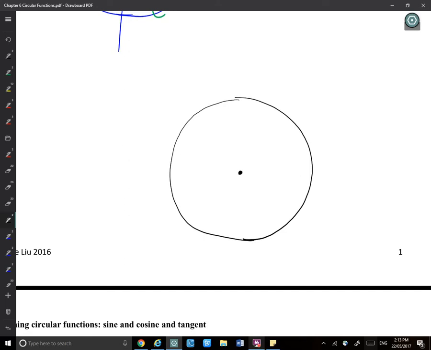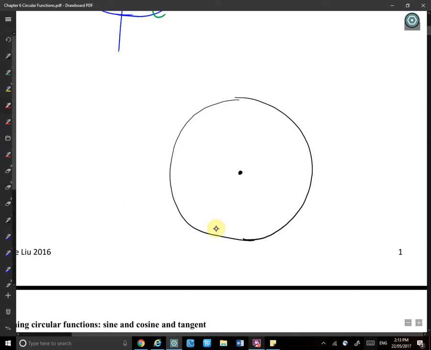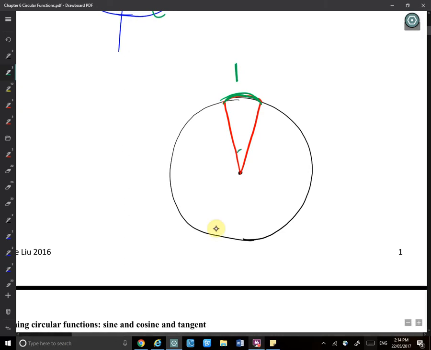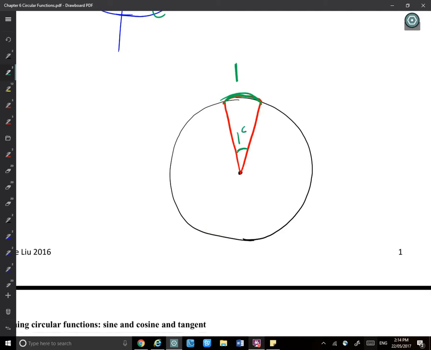How large is the angle for 1 radian? If this arc length equals 1, then this angle is called 1 radian.